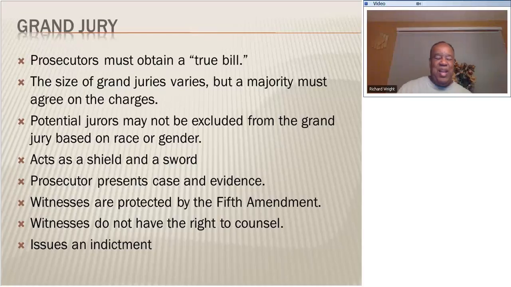And so what it means is that these individuals who are brought before the grand jury, it's in private. Again, the prosecution presents the case and the evidence. Witnesses are protected by the Fifth Amendment. Witnesses do not have the right to counsel there. And then if there is a vote, then a true bill and an indictment is issued, and that person is brought in for arraignment.